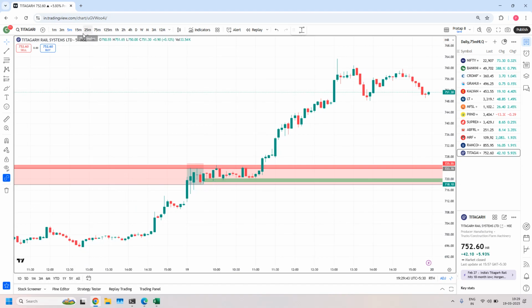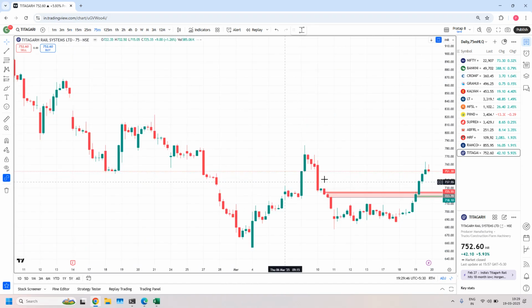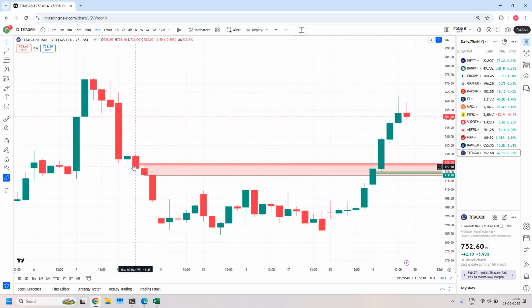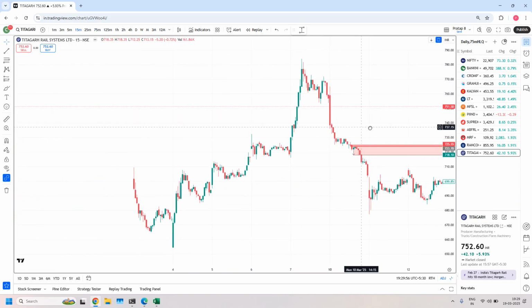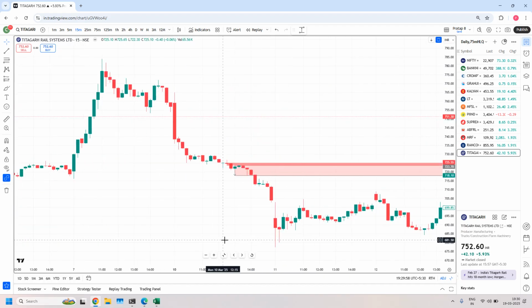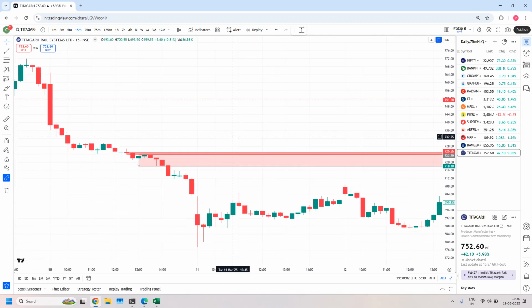This is a 75 minute high liquidity zone. Our software identified drop-base-drop, but it does not have a proper 15 minute zone. Look at the 15 minute time frame. Here we don't have a proper 15 minute zone.